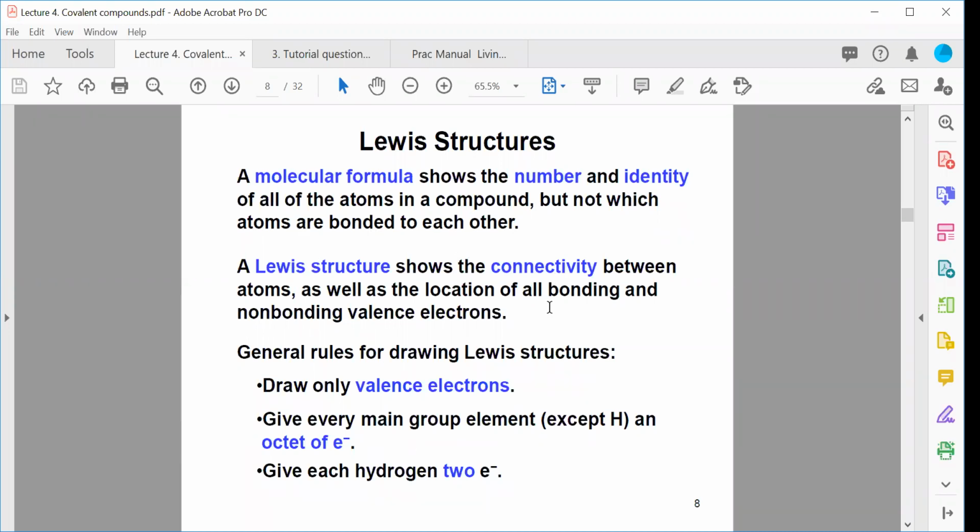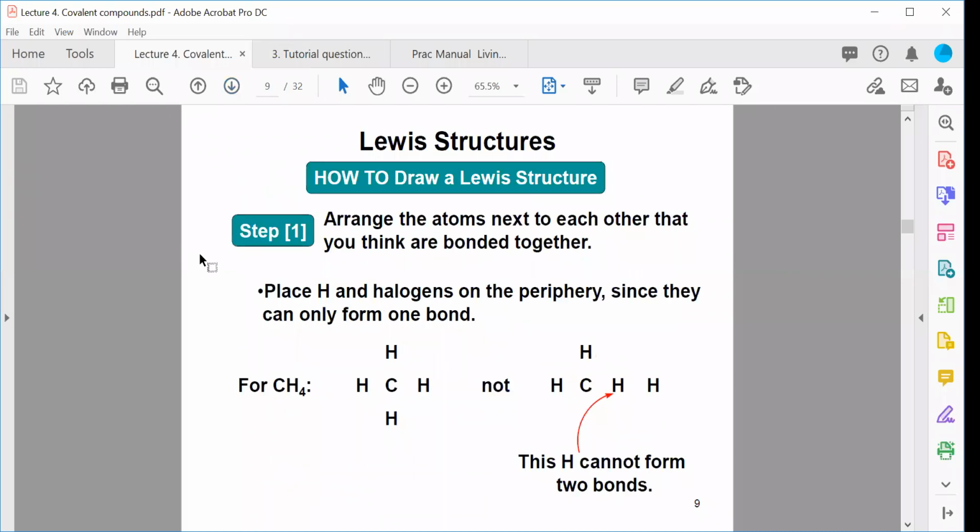Here are some general rules for drawing Lewis structures. Draw only the valence electrons. Give every main group element, except for hydrogen, an octet of electrons. Make sure each hydrogen is only surrounded by 2 electrons. All right, let's look at an example of how to draw a Lewis structure.